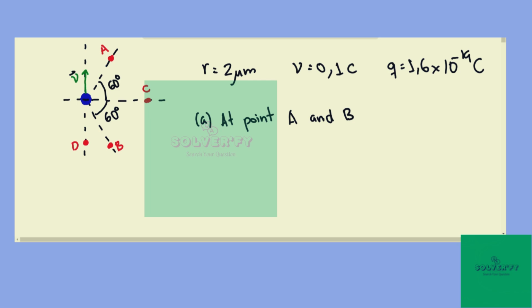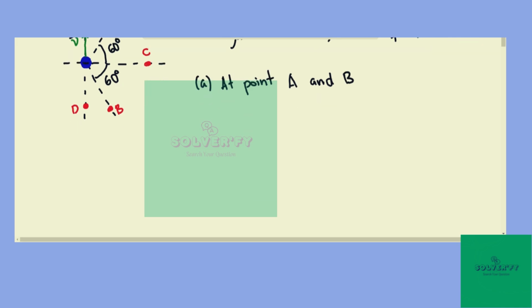First, we can see from the figure the point B is at some given angle from the electron. To obtain the magnetic field for all of these points, we are going to use the magnetic field produced by a moving charge, and that formula or equation is the following.